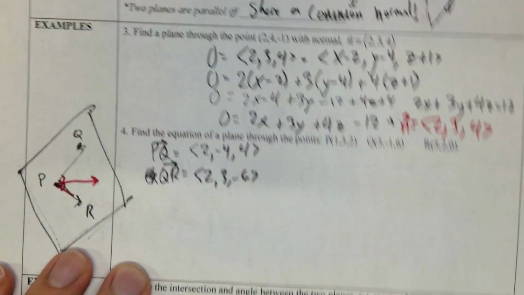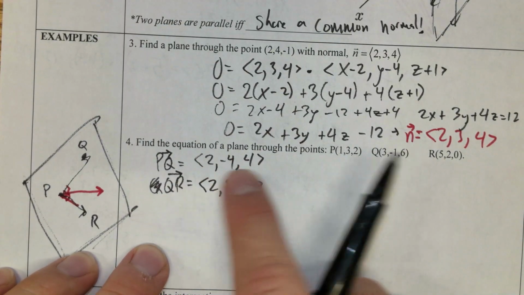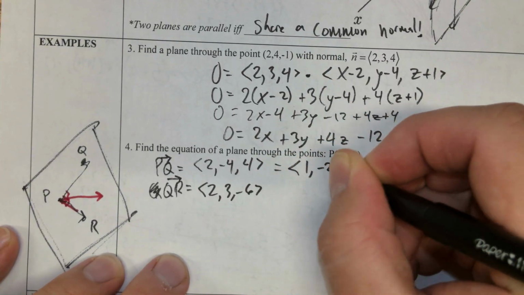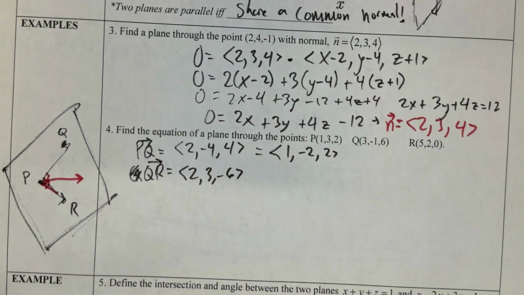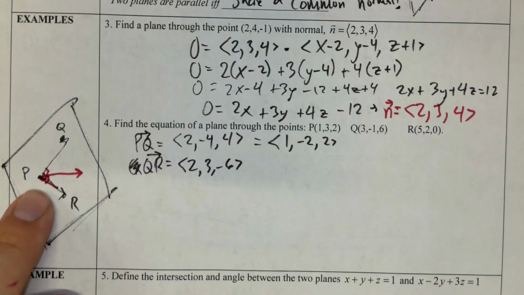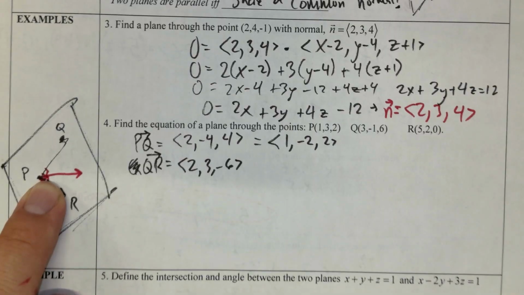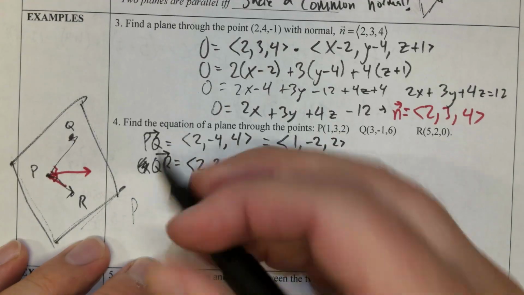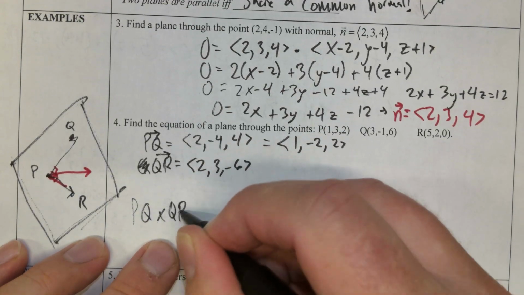One thing I will do in situations like this, because I know this holds the same direction as this guy, I'm going to shrink it down just to save myself a little bit. Divide all my components by 2. It's still headed in the same direction, so I can still make something that's perpendicular without worrying about changing my direction just by scaling my numbers down a little bit. And I know that this cross product is going to do what I want it to.